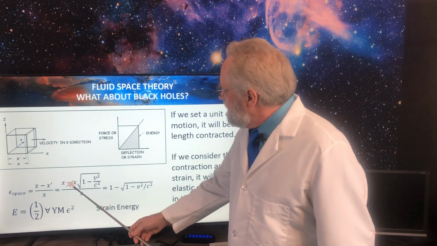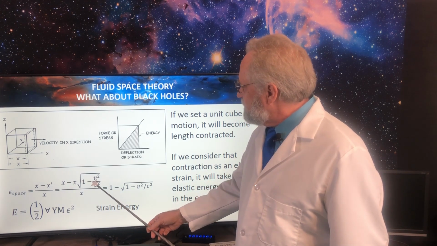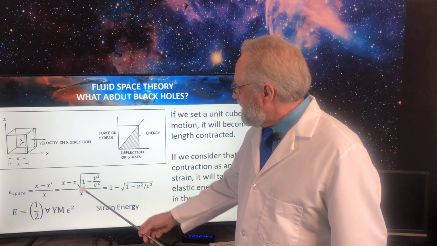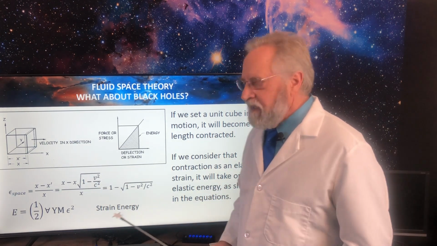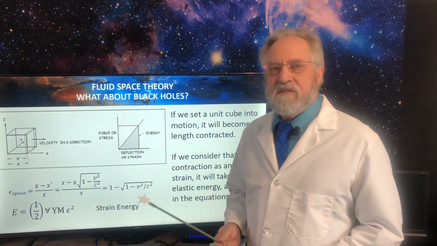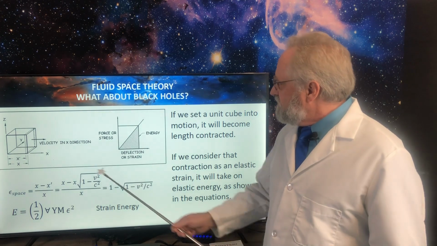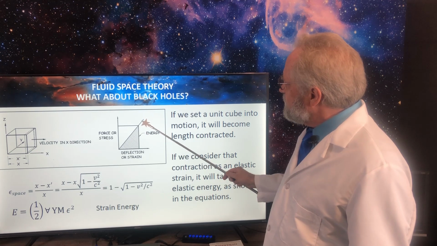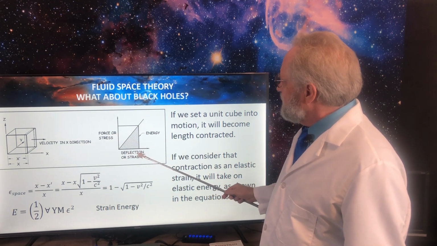So if x is the uncontracted length, we apply the Lorentz transformation to x. That's the contracted length divided by x, and it gives us this value here. So to find out the energy that is involved in a space-time distortion or space-time strain, we use a standard linear stress-strain curve where the force or stress is plotted against the deflection or strain.